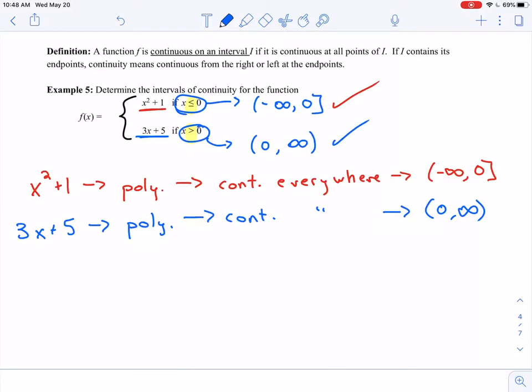But we need to check something now. We know that it is continuous on these two intervals.